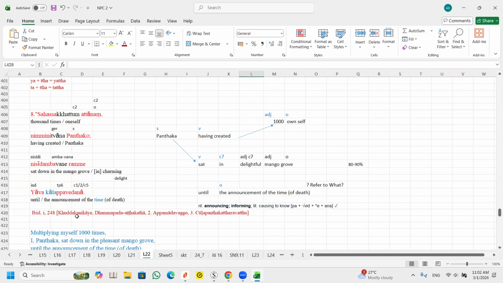So under KN, in here is Appamada. Appamada means heedfulness, diligence. So in here this is the story. Vatthu, the story of Thera Chula Panthaka. Can you see the word? Vatthu means the story. Thera means the senior monk. His name is Chula Panthaka. All right. What's that? Okay, good.